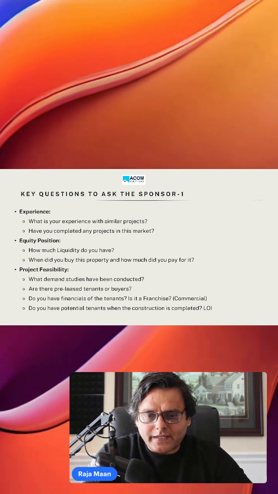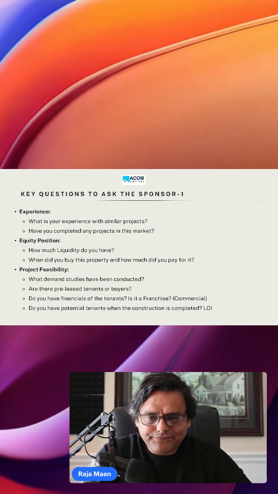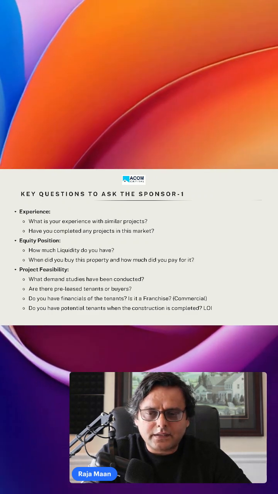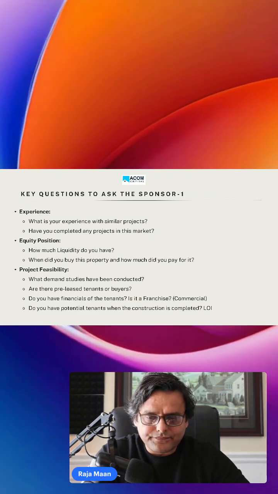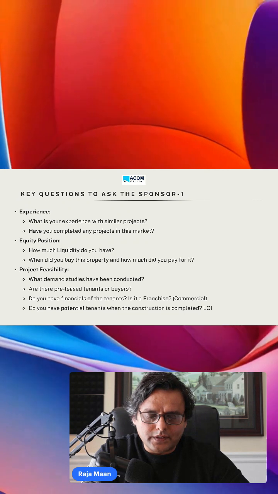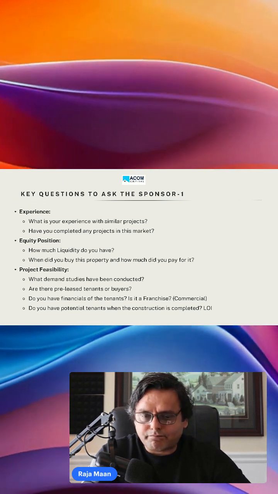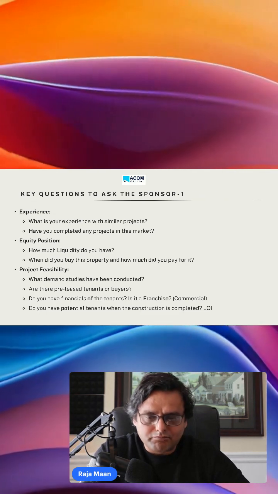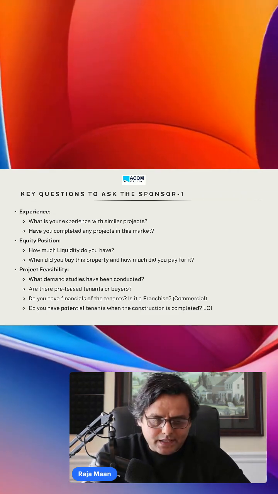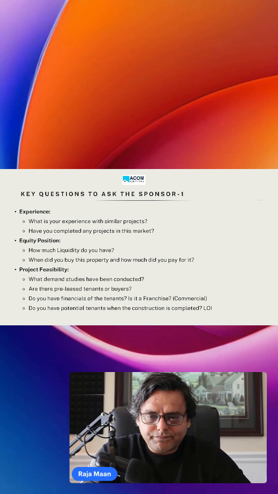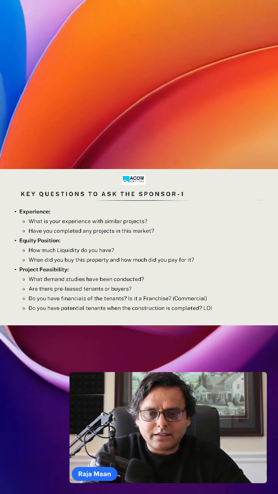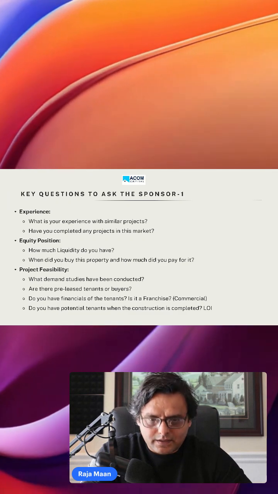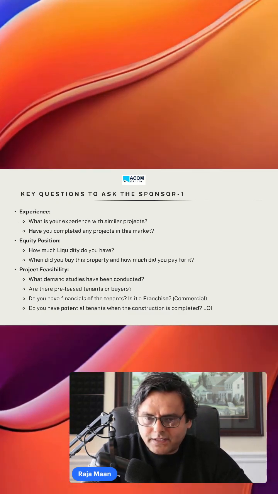Do you have financials of the tenants? Is it a franchise? If the tenant is a franchise and they have multiple locations, it can make the application stronger. And if it's a large project with a single tenant, we want to see the financials of the tenant who has signed the lease even prior to the construction.